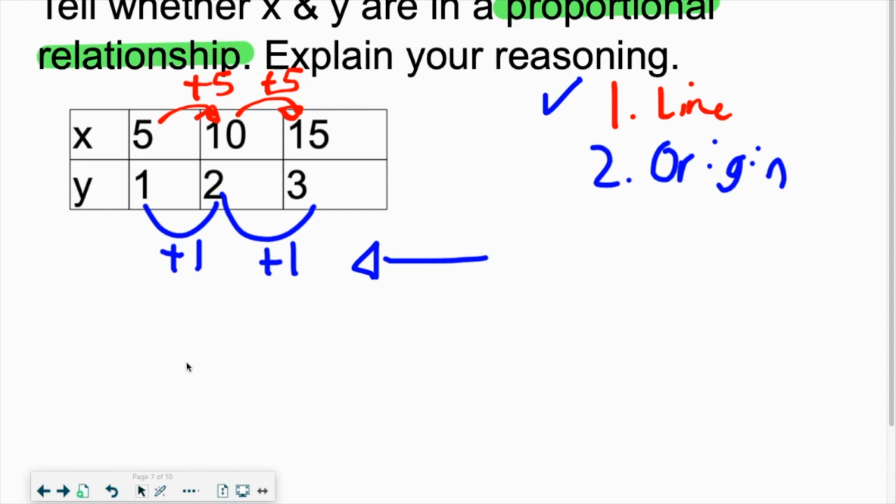Does it go through the origin? Well, do you see the point (0, 0) in the table? If not, then go back. What would the previous point be going backwards at 15, then 10, then 5, then 0? 3, 2, 1, the previous point would be 0. So it is a proportional relationship.